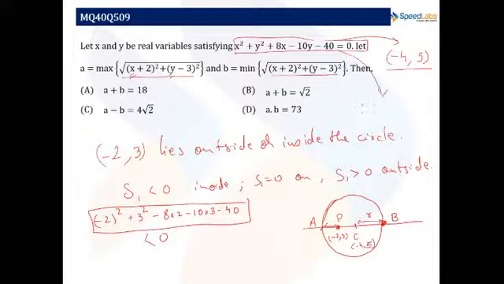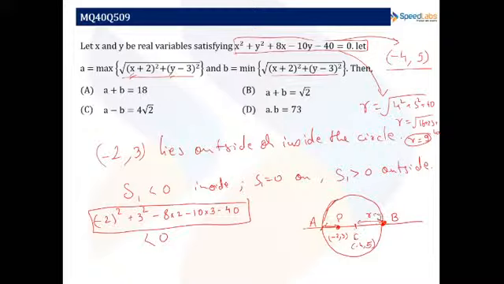So let's find the radius r. The radius of the circle is under the root 4 square plus 5 square minus of minus 40 plus 40, so the radius will come out to be 9.